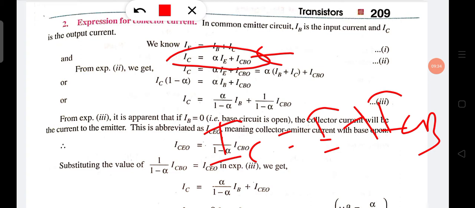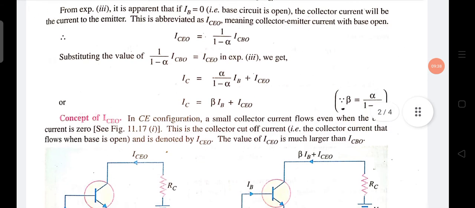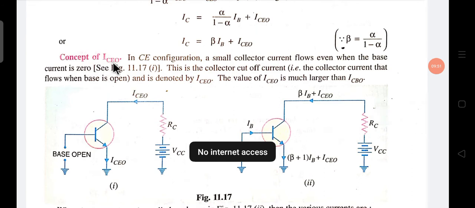Then by using this, the expression comes: IC equal to beta IB plus ICEO. Remember this expression. Now let us see the concept of ICEO.